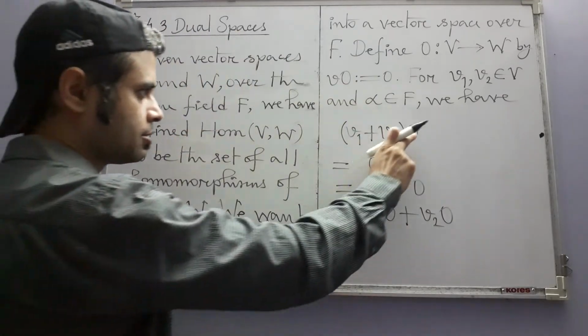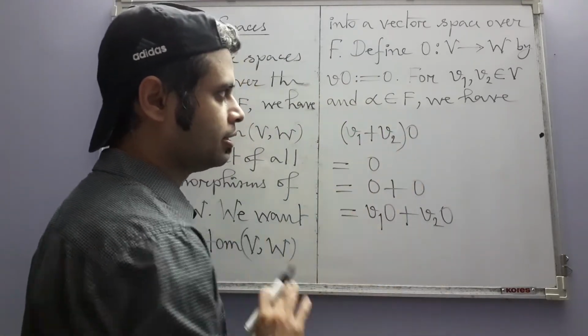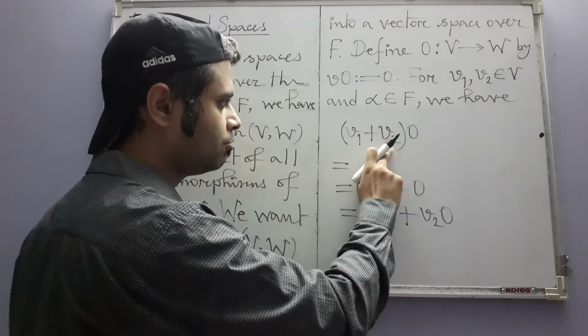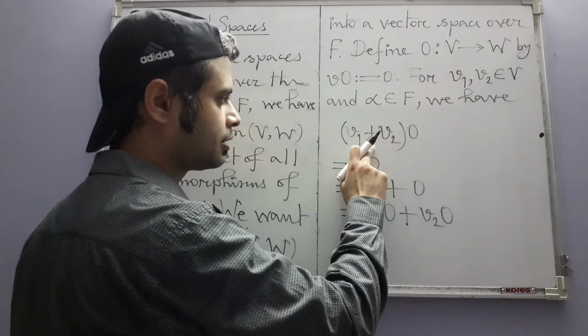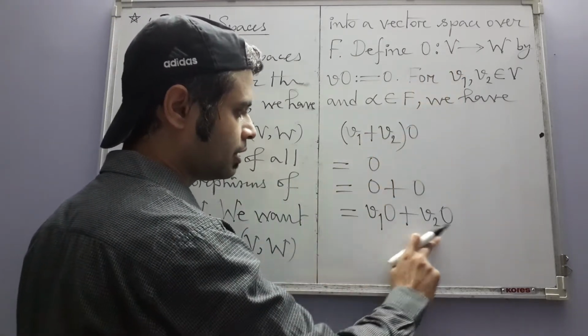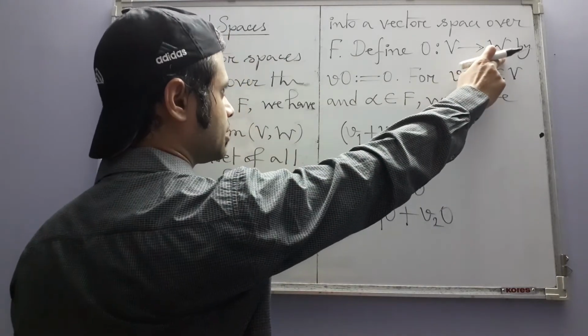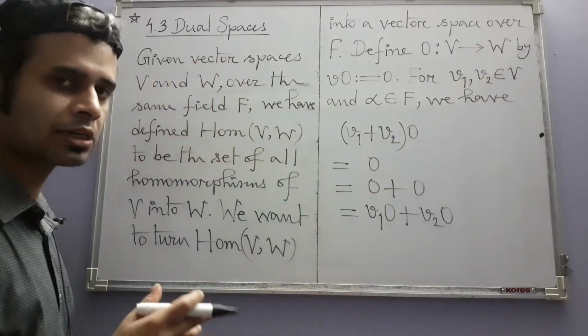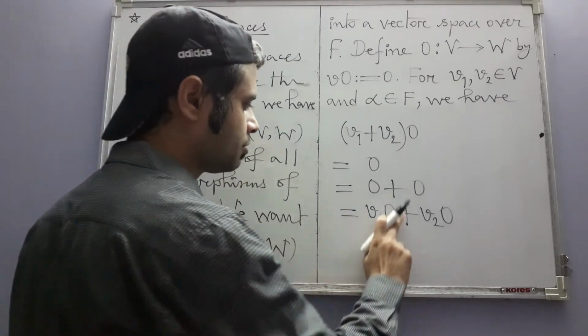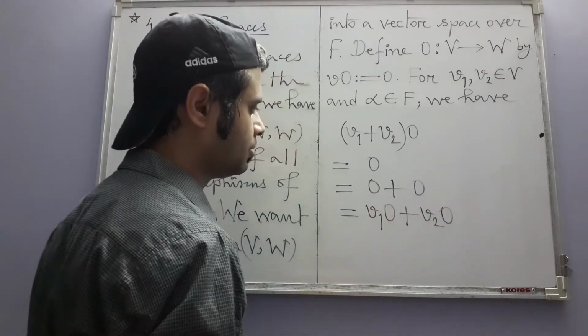So we see that the zero function actually respects addition. We start with two vectors from the domain and take their sum. We end up with a sum in the second set, in the codomain or range, whatever you may want to call it, where the images are involved.